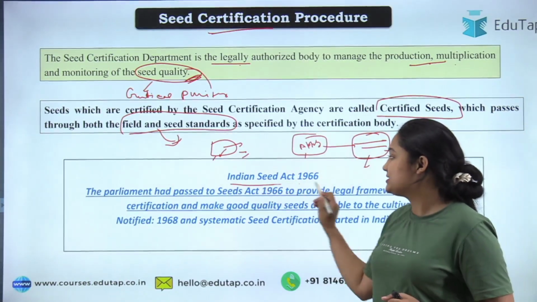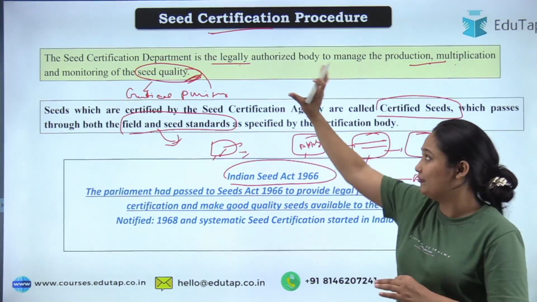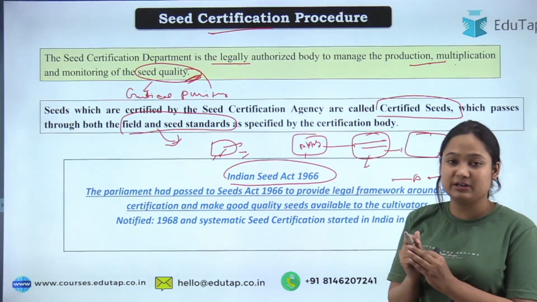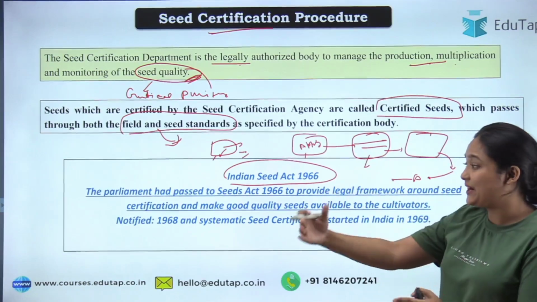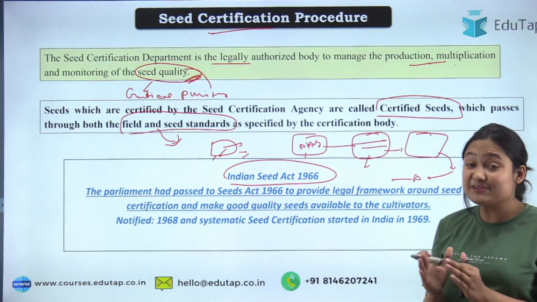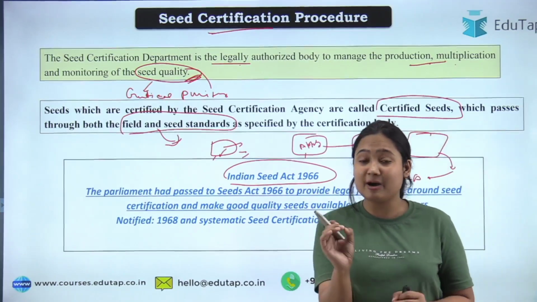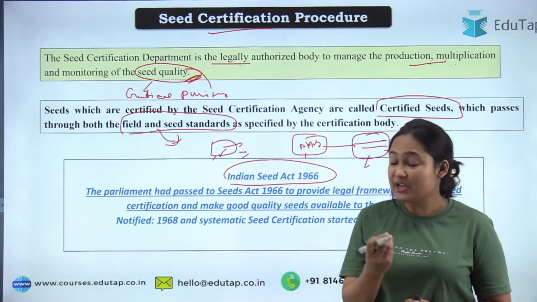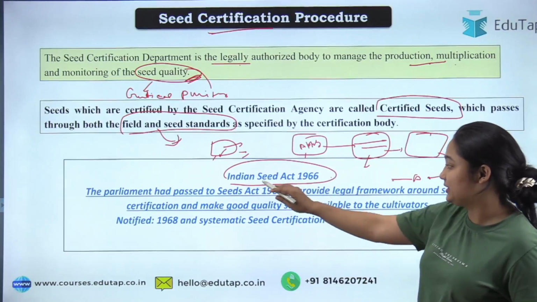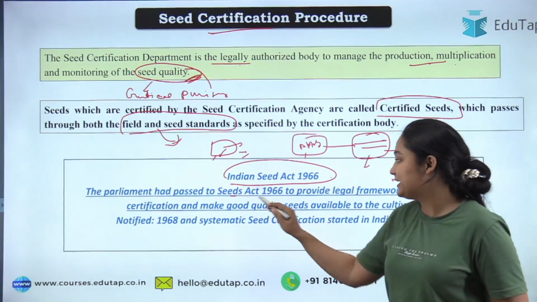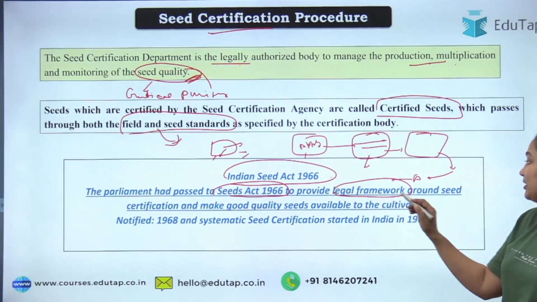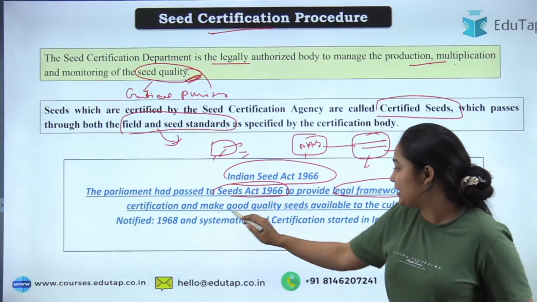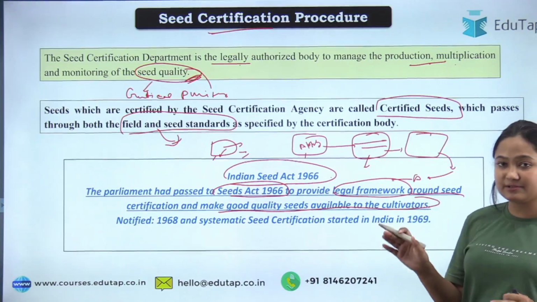Then talking about the Indian Seed Act and when seed certification was needed. As most of our population is dependent on agriculture, we need to make sure that our farmers have good quality seed. For that, we have the Indian Seed Act 1966, which provides a legal framework to make good quality seed available to the cultivators.